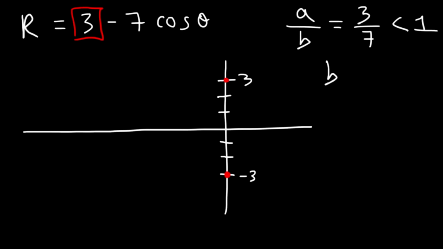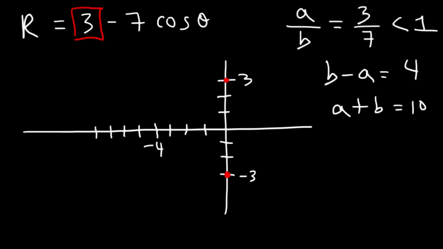So next, let's find the first x-intercept, which is going to be b minus a, or 7 minus 3, and that's 4. And then a plus b, 3 plus 7, is 10. So because we're going towards the left, we need to travel 4 units to the left. That's going to give us the first x-intercept. And then 10 units to the left relative to the origin. So that's the second x-intercept.